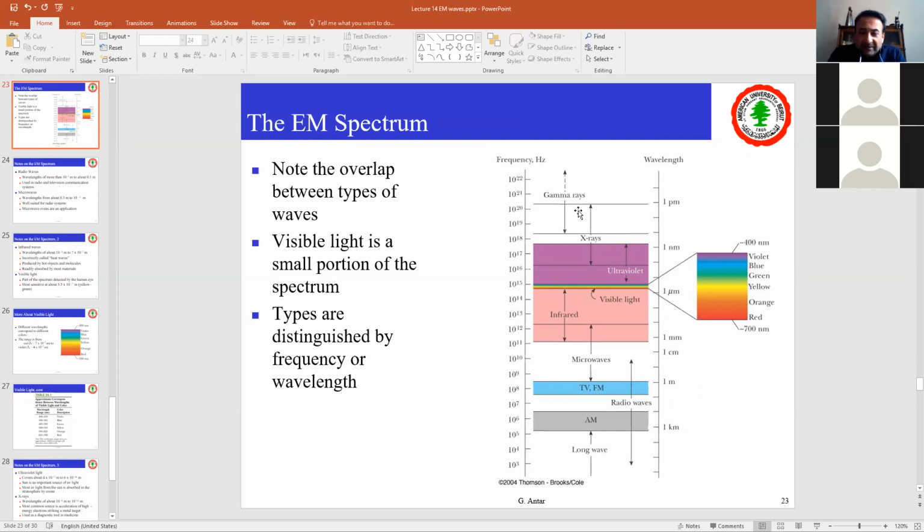So this is one type of usage. X-rays, I think most of you are familiar with when you do an X-ray in a medical laboratory. X-rays are electromagnetic waves. Their applications could also be to study the universe and for medical usage.